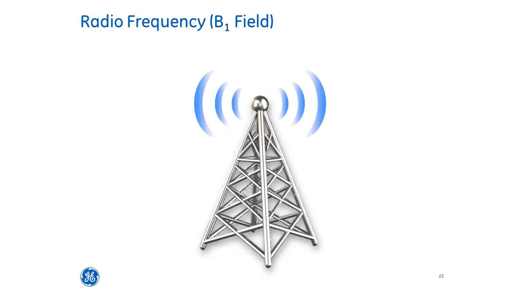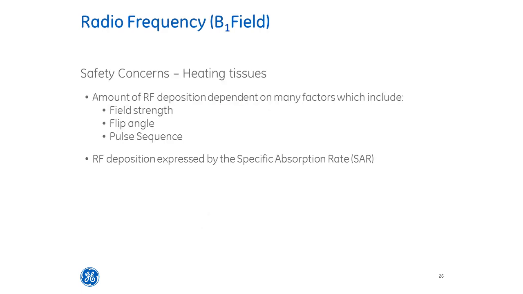As stated earlier, the static magnetic field is referred to as the B0 field. The radio frequency field is referred to as the B1 field. In this next section, we'll look at the safety concerns with regards to the RF aspect of MR scanning. The radio frequency field, or B1, is responsible for heating of tissues.